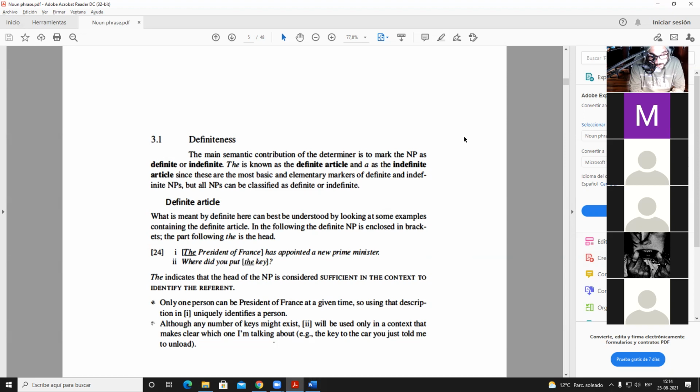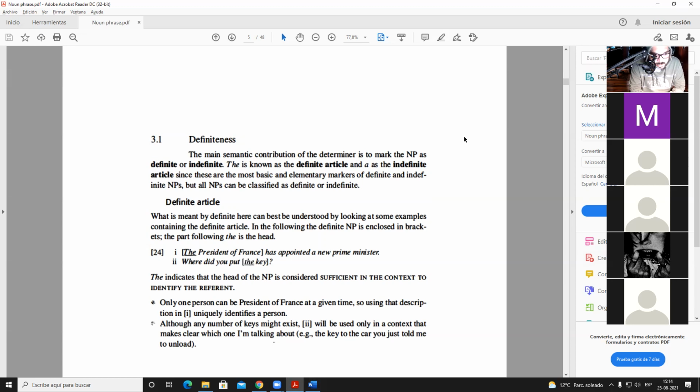The definite article. What is meant by definite here can best be understood by looking at some examples containing the definite article. In the following, the definite noun phrase is enclosed in brackets. The part following the is the head. So, the president of France has appointed a new prime minister. And where did you put the key?